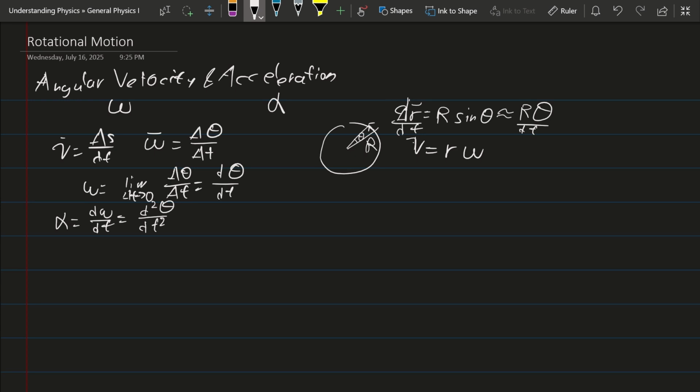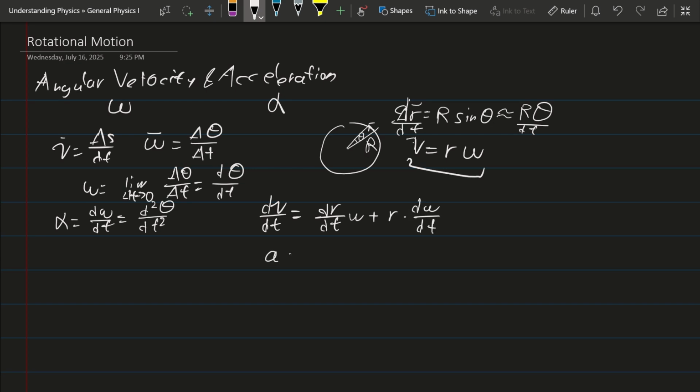So to discuss this, we will take the equation that we have already figured out and derive it one more time, which will be the change of velocity over the change of time. This will basically equal the change of r over the change of time, times omega, plus r times the change of omega over the change of time.